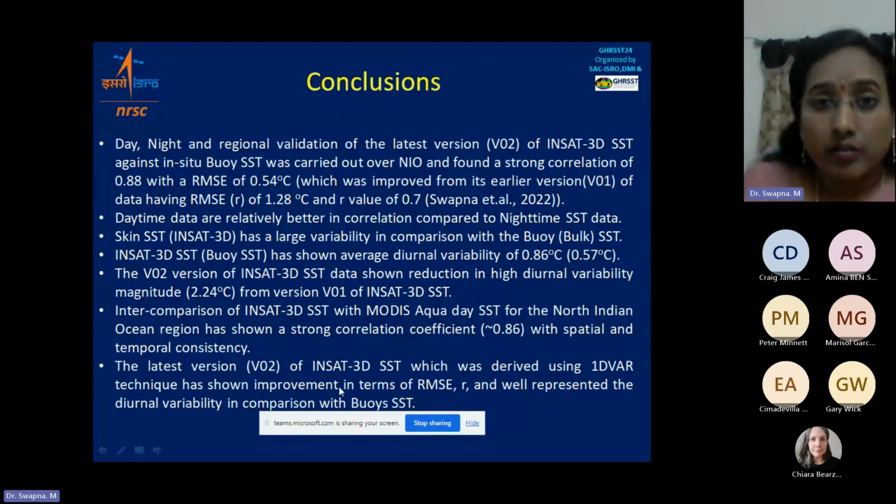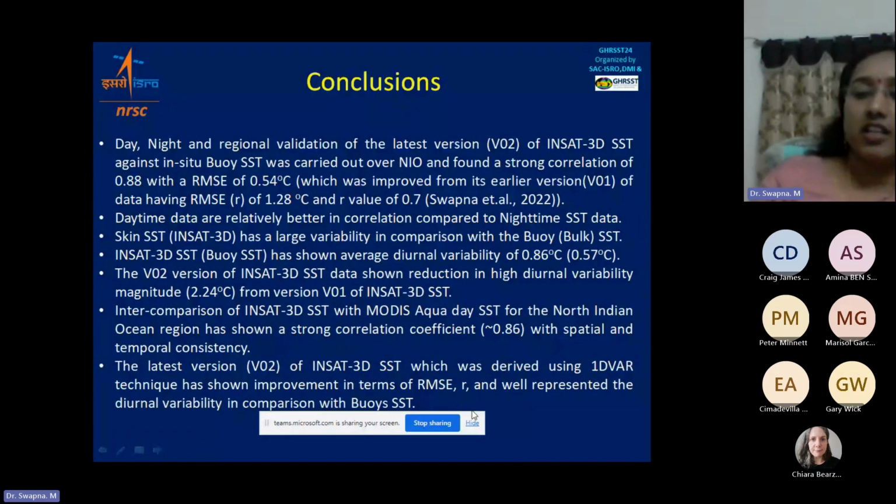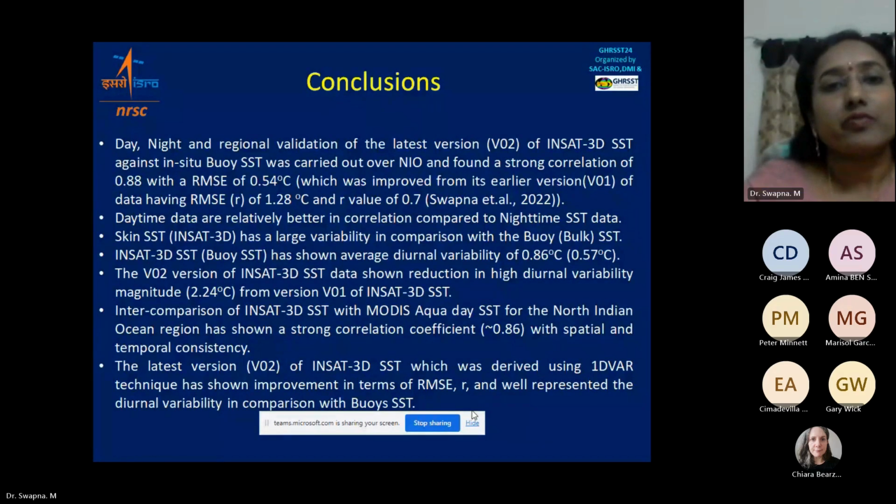My conclusion is that the latest version of INSAT-3D, which is derived using the 1D-Var technique, has shown improvements in terms of RMSE and R, and well represented the diurnal variability in comparison with the buoy SST.